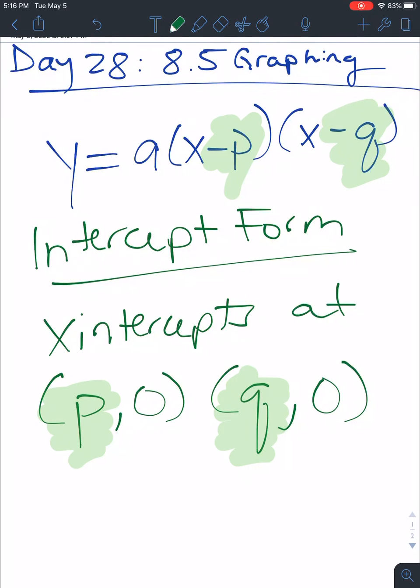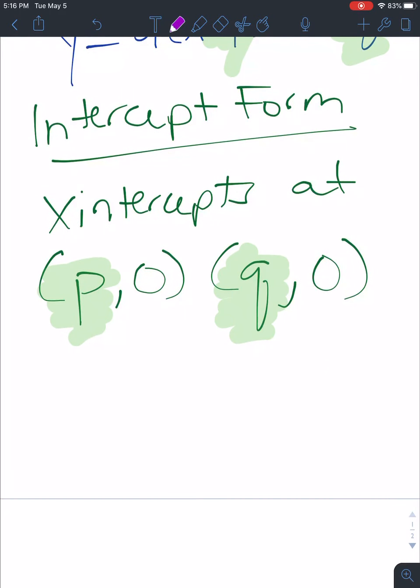So in order to graph in intercept form, you have a few points, all right? You're going to have to be graphing your x-intercepts, but you're also going to have to graph your vertex, right? So let's go ahead and talk about that vertex first. So your vertex in standard form was negative b over 2a, and then we had to plug in that value back into that original equation, right?